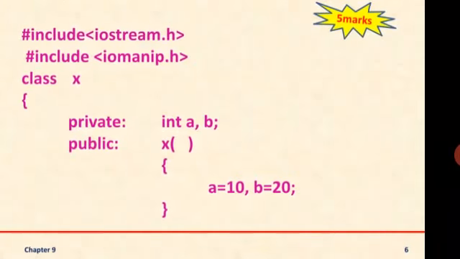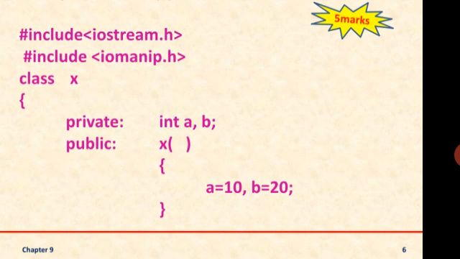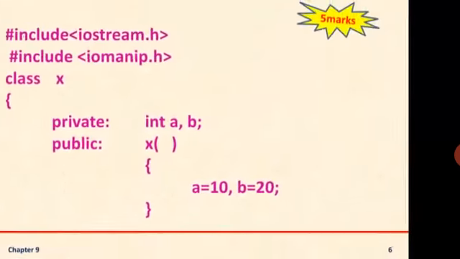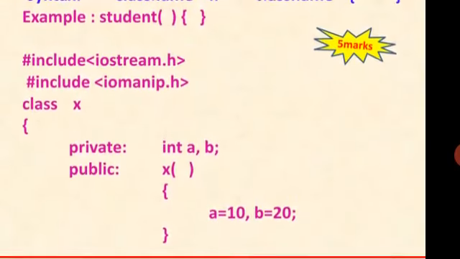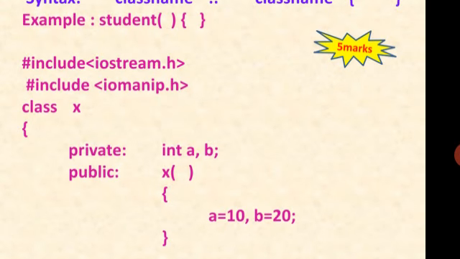Our program begins with #include <iostream.h>, then <iomanip.h>. These are our header files. The name of the class I have taken is X. Inside the class I have the access specifiers private and public.